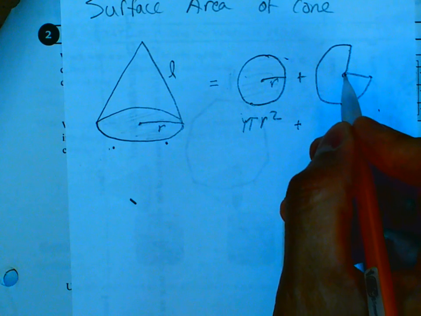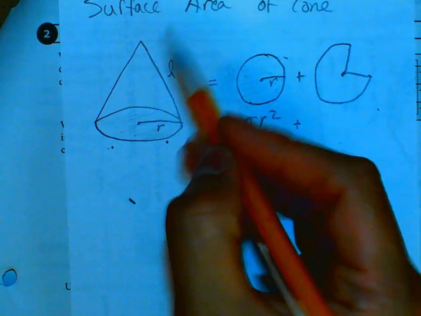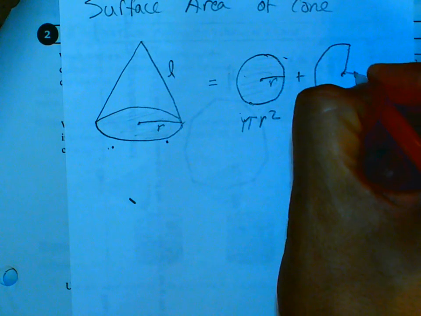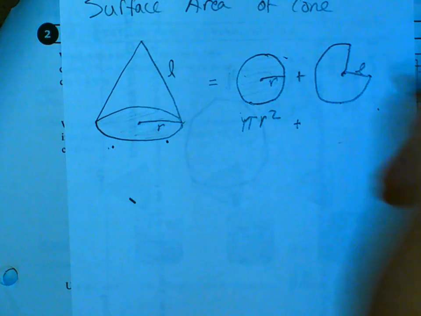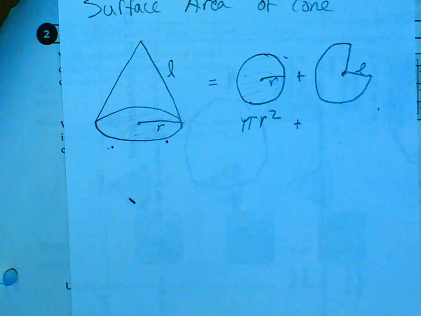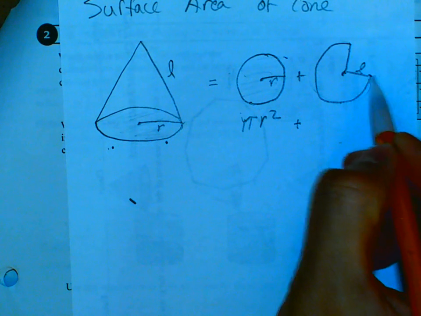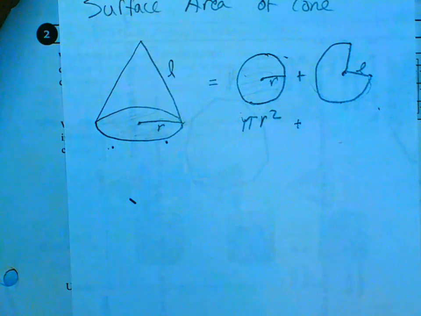The distance from here to here is the same distance as this point to this point. That means that this has a radius of L. So in order to find that area, we're going to look at the circumference of this piece compared to the circumference of the whole circle.